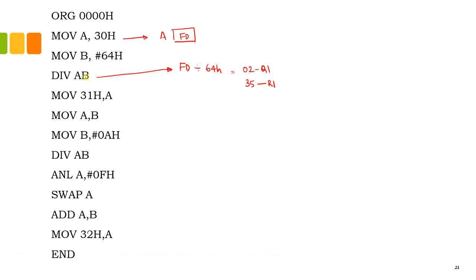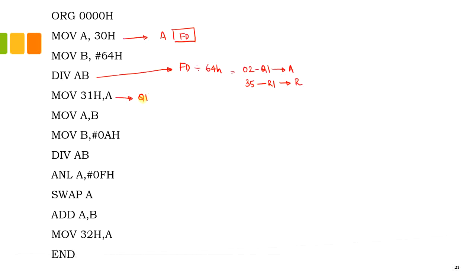So accumulator will contain the quotient and the remainder will be present in the B register after the divide operation. So first thing we need to do is move the accumulator content to 31H. That is where we are going to store the result. So this will be having Q1.